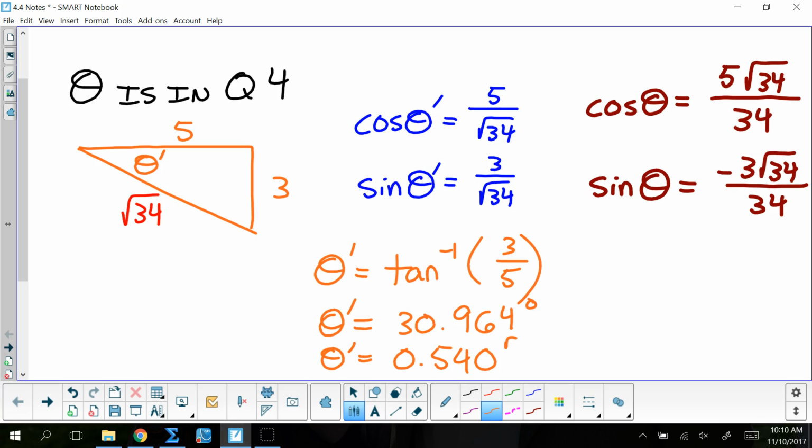Right? But because I'm in quadrant 4, what do I have to do? 360 minus those.